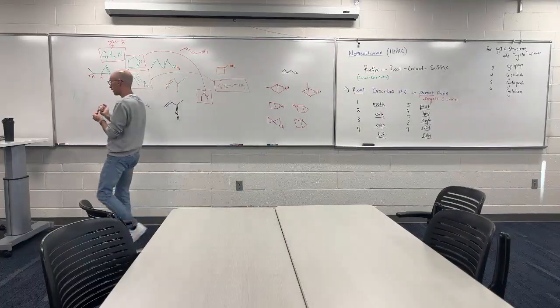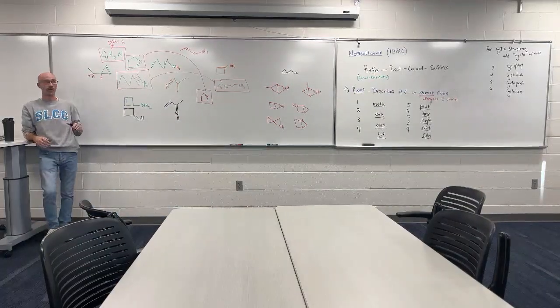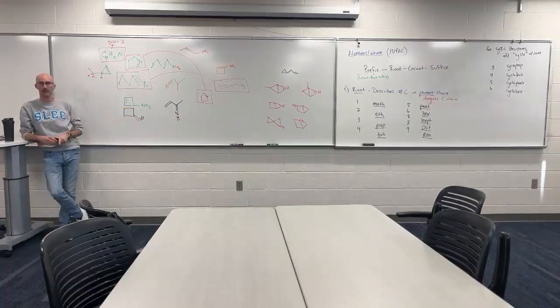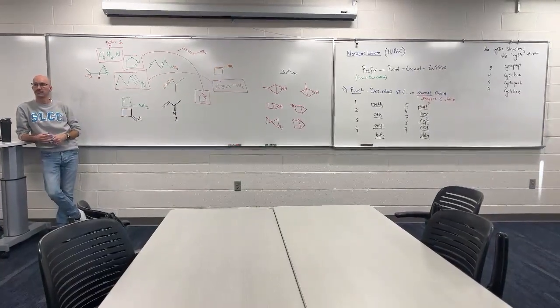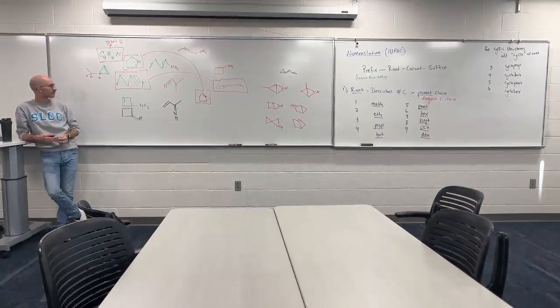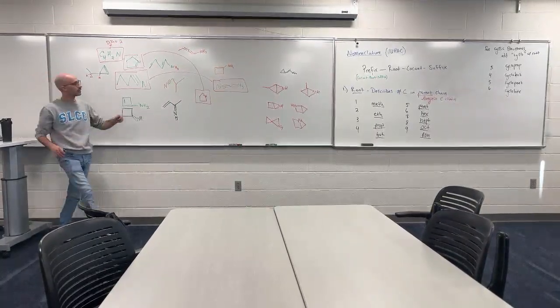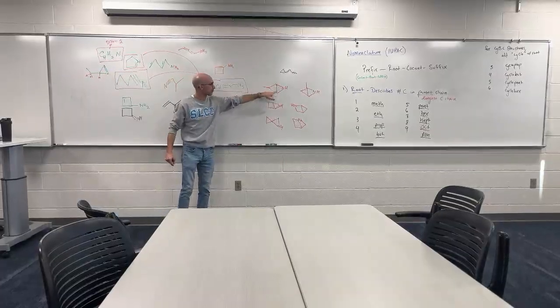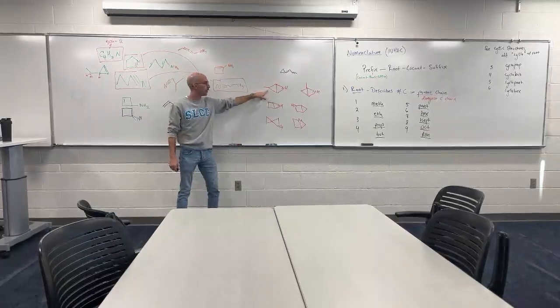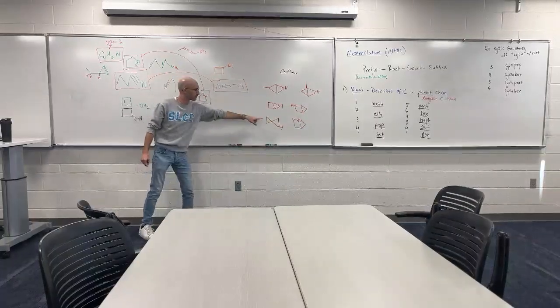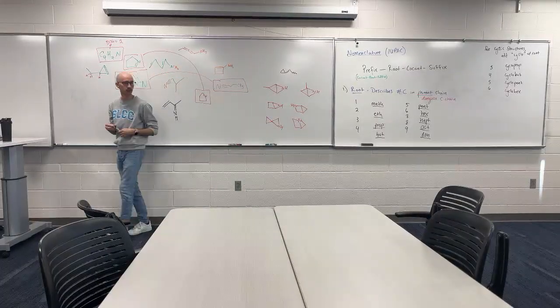Are there any cycloprop root compounds on this side of the board right now? Yeah. Right here is a 3-membered ring, cycloprop. Here's another, here's another, here's another. 3-membered rings.